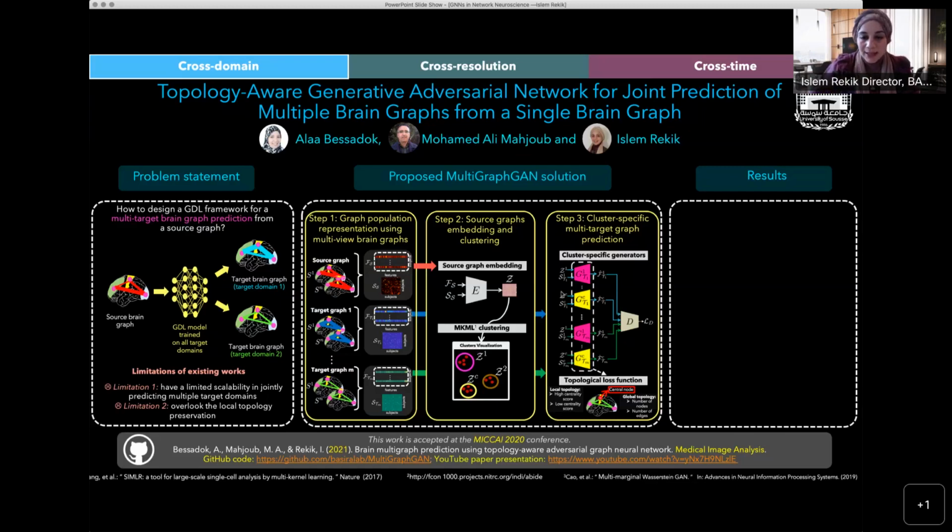We had a decoder network here, G of our GAN, to predict the output feature embeddings for the subjects in the target domain T1 using different clusters. So we have cluster 1 to cluster C, and for the other domain, domain TM here, we have also cluster 1 to cluster C. For each cluster, we do this training, and we predict a target graph.